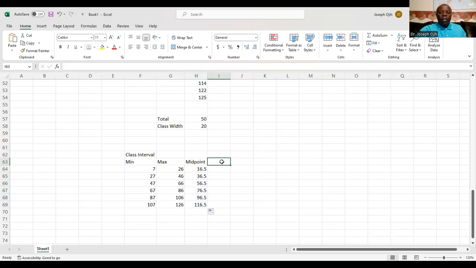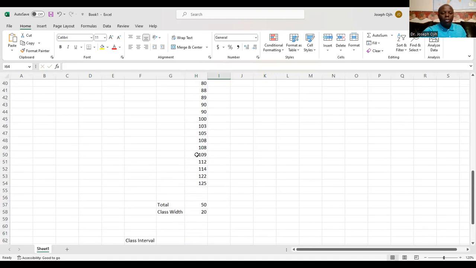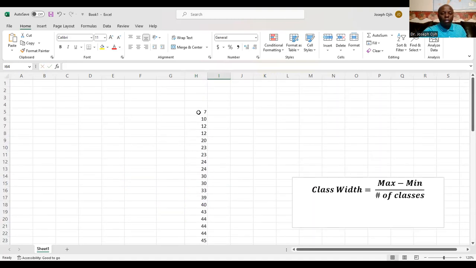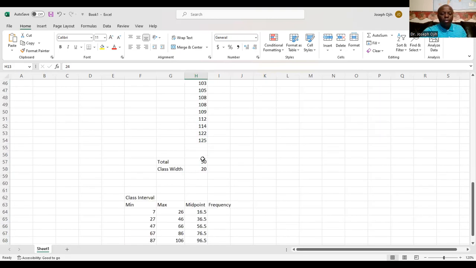Now we have the frequency. You can easily get it from here. From 7 to 26, how many numbers are between 7 and 26? You have 1, 2, 3, 4, 5, 6, 7, 8, 9. 9 of them, so you put 9.